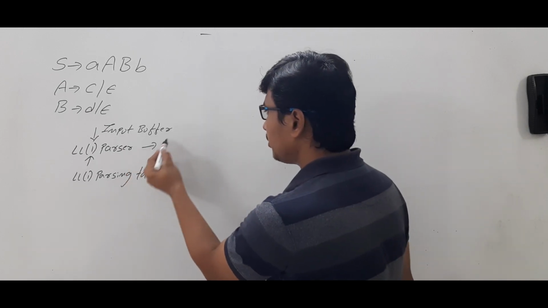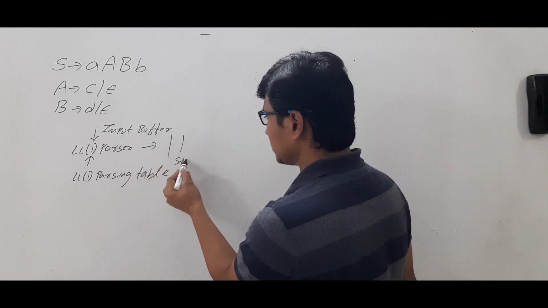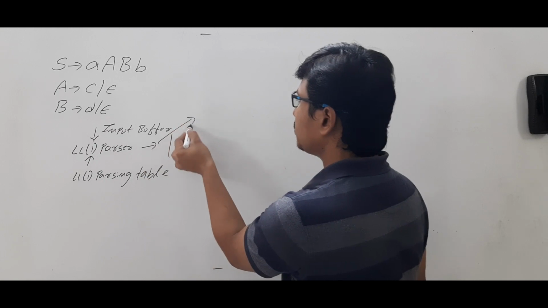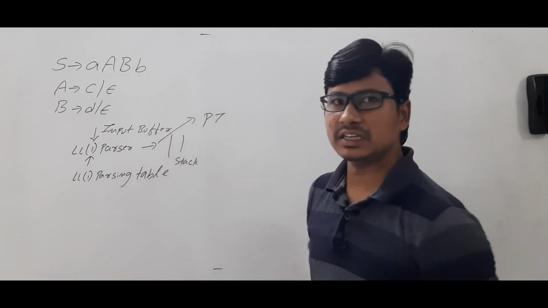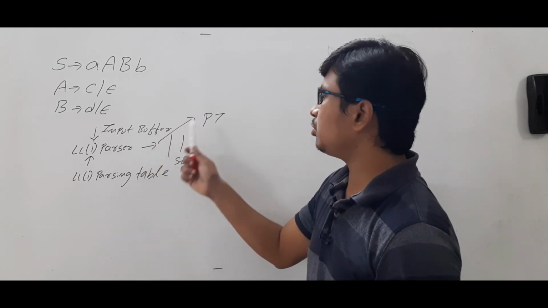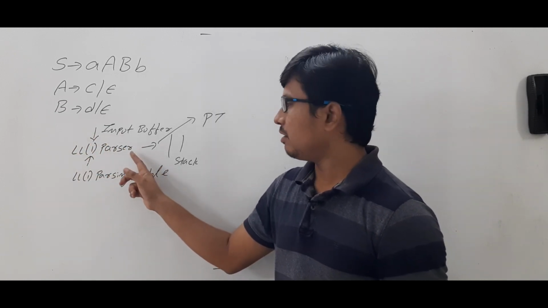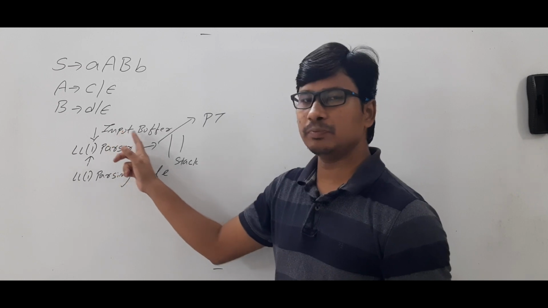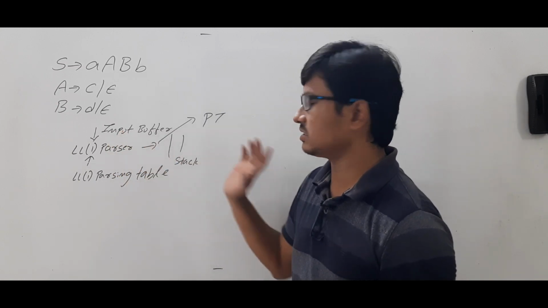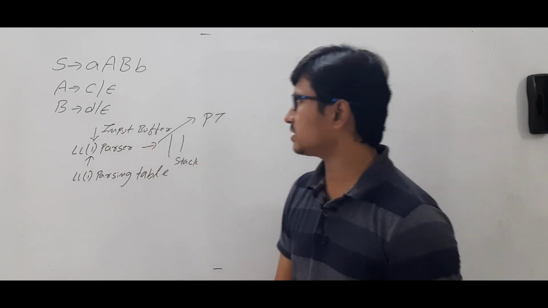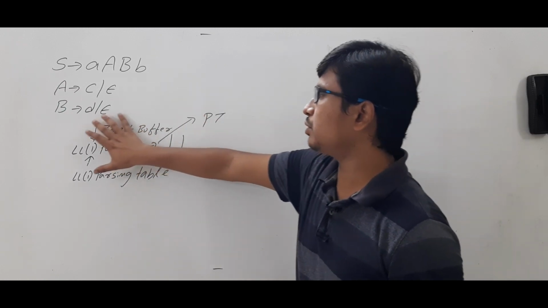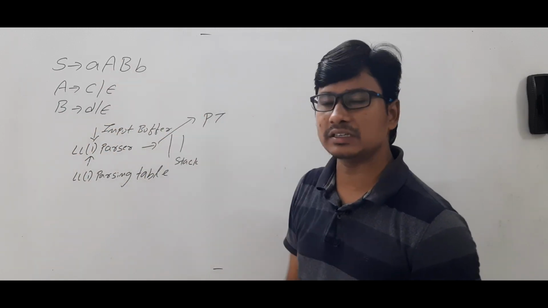With the help of the stack data structure, it will give you the output as the parsing tree, because any parser's final output is the parsing tree. So it uses the parsing table, the input buffer and the stack data structure. Is it clear? Are you able to understand? We will discuss the entire process with this example.